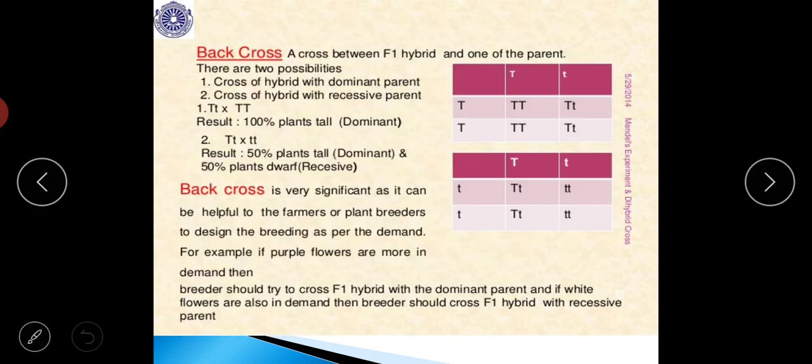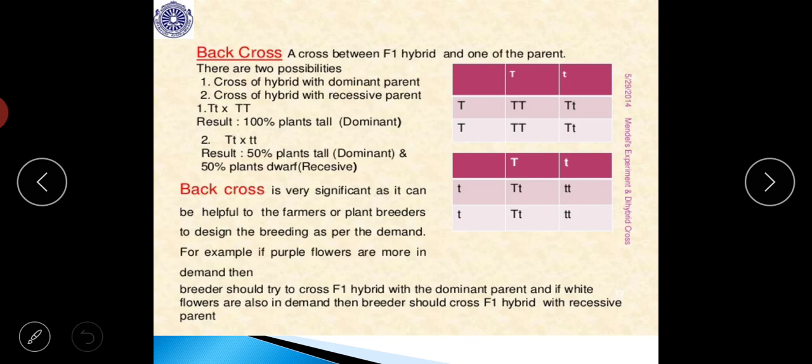Coming to backcross. Backcross, as the name itself suggests, is a cross between the F1 hybrid and one of the parental types, whether homozygous or heterozygous. And there are two possibilities of a backcross, that is, the cross of the hybrid with the dominant parent and the cross of the hybrid with the recessive parent.